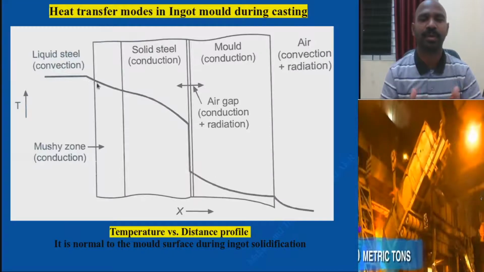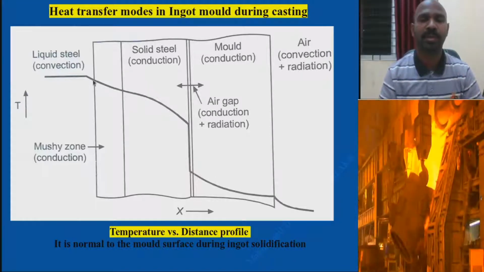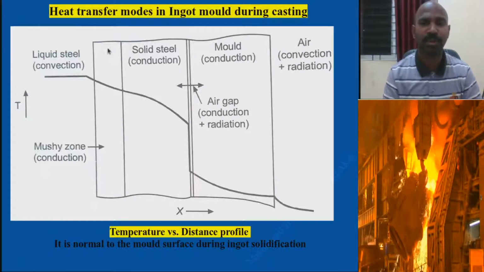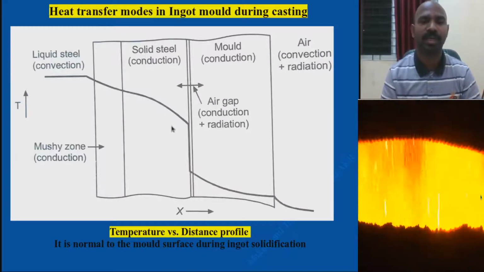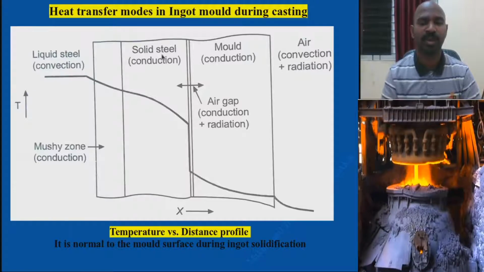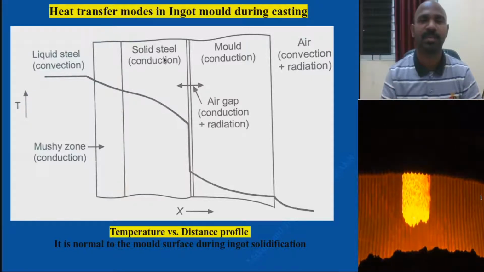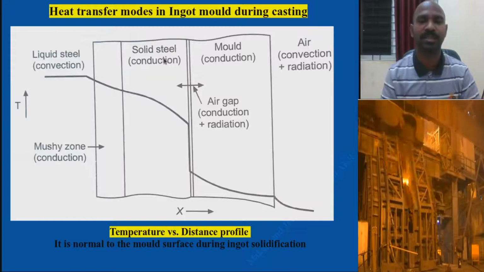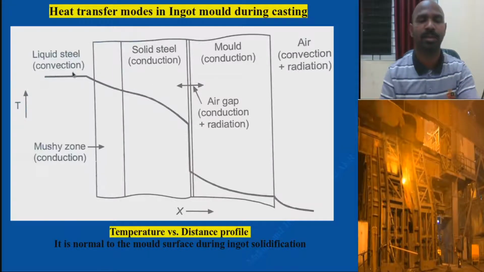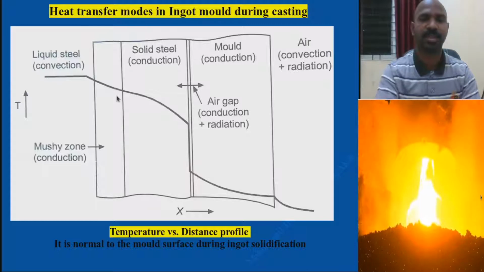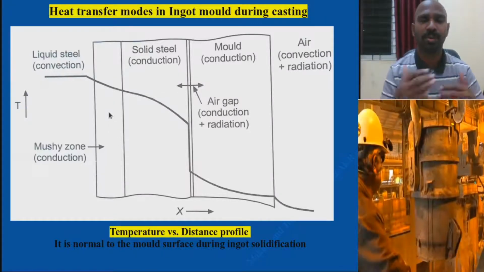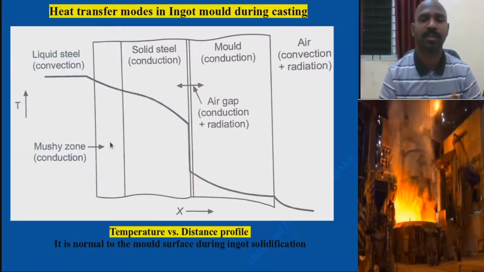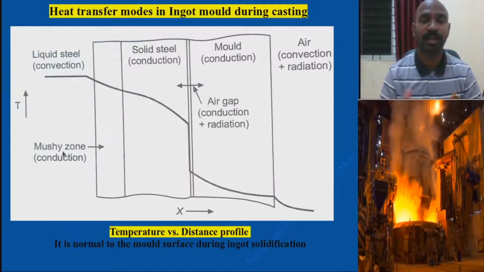There will be a temperature gradient. After complete solidification, we call it solidified steel. The heat transfer within the solidified steel is conduction, and in between is the mushy zone. It is the coexistence phase of liquid and solid. It is a semi-solid phase, called the mushy zone.